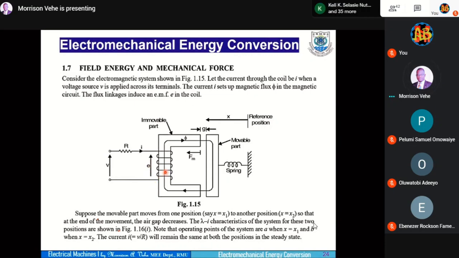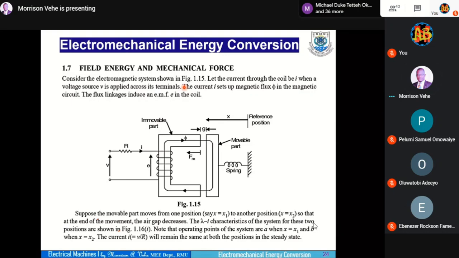By principle, the EMF induced will in turn also set up a flux, because of how we coil the whole thing and the current flows through it. So the flux will also tend to be dynamic so that we can have EMF induced.